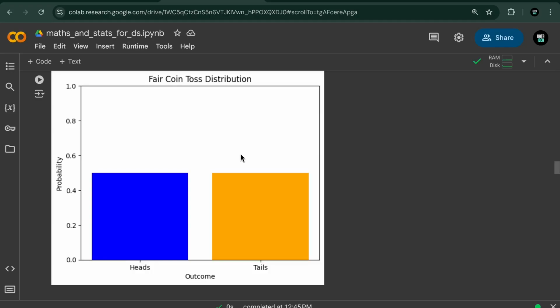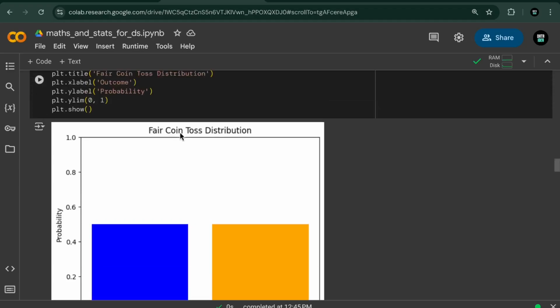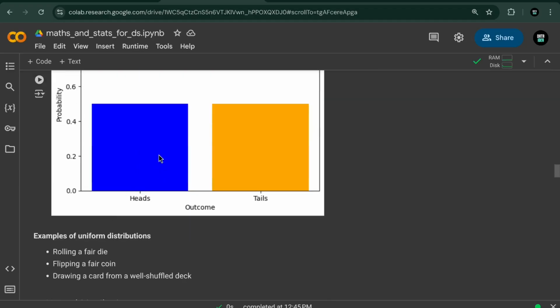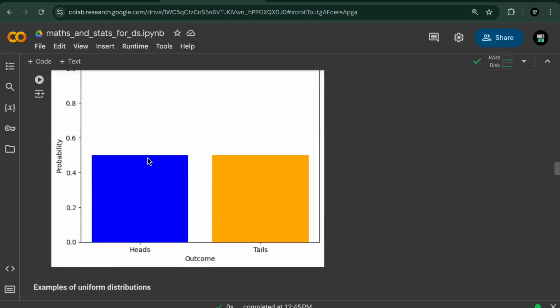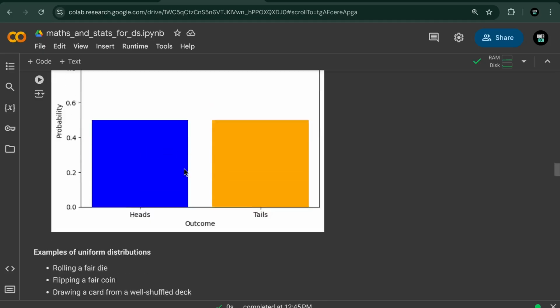If we toss it any number of times, we can see here that heads and tails each have a probability of 0.5. So this kind of visual will illustrate what a uniform distribution sort of looks like.